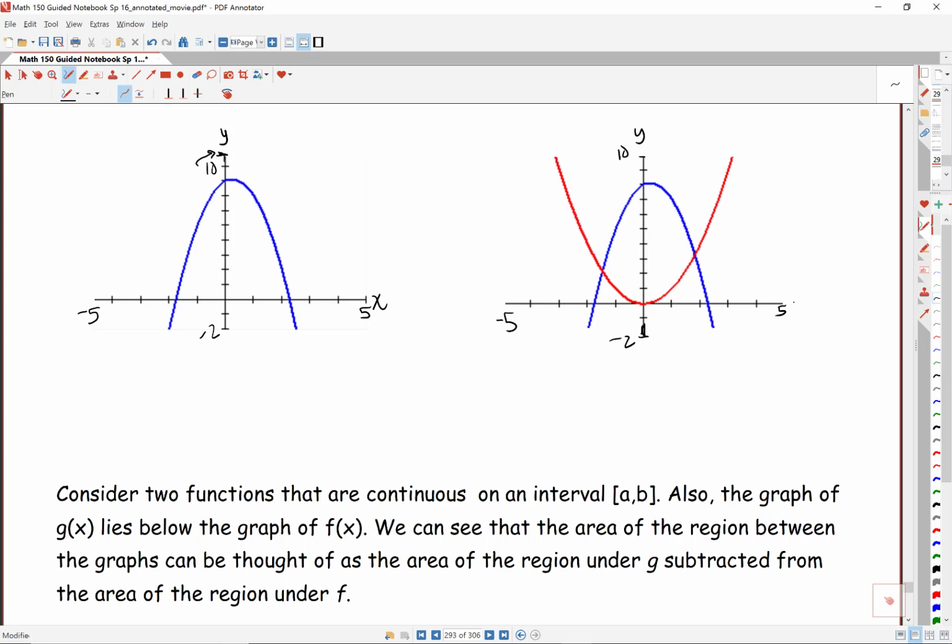So our first graph that we had graphed was the blue graph, and the blue graph was f of x equals 8 plus x minus 2x squared, and that's the same thing over here.